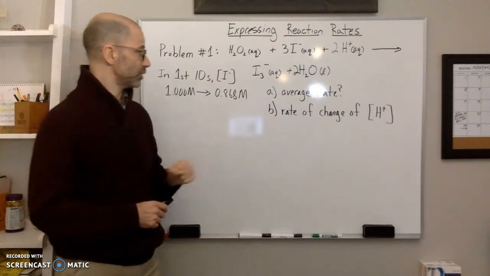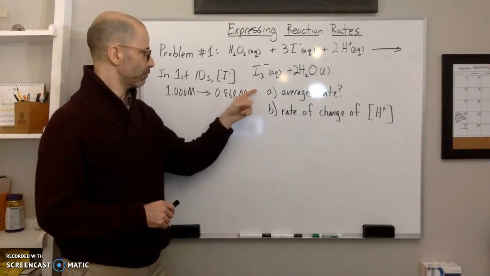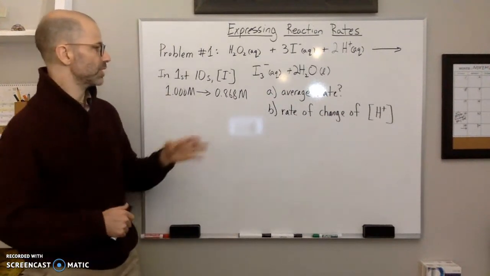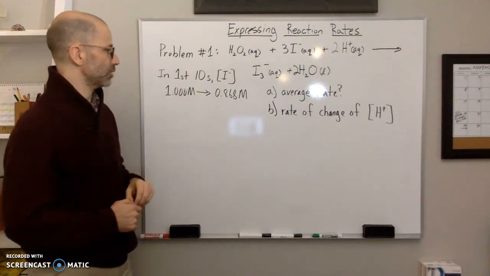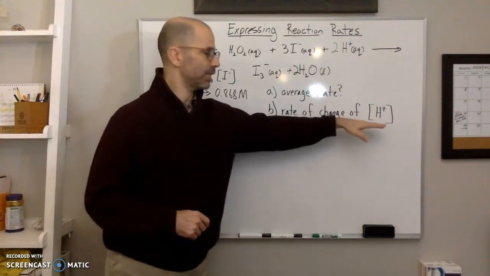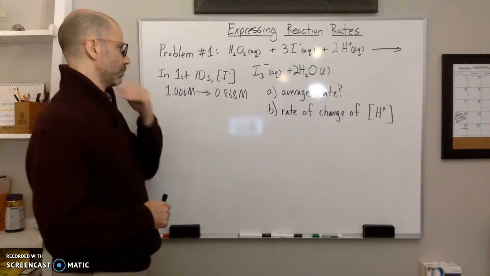There are two parts to this problem. The first question is, what is the average rate of the reaction? And the second one is, what is the rate of change of the hydrogen plus concentration? So let's do the first one.